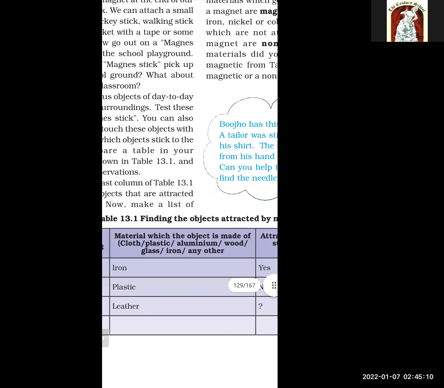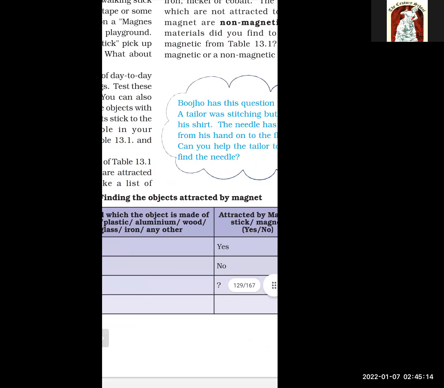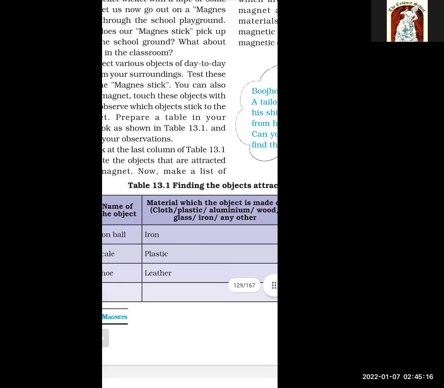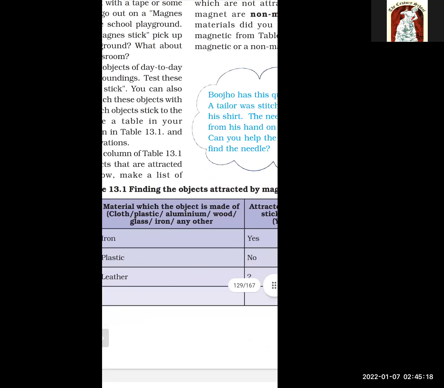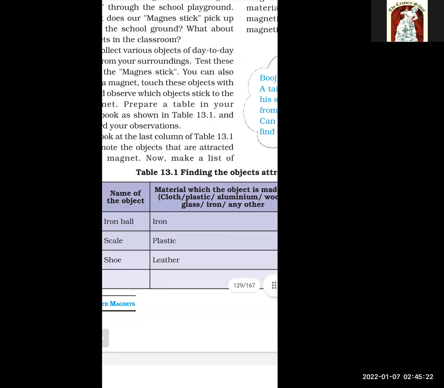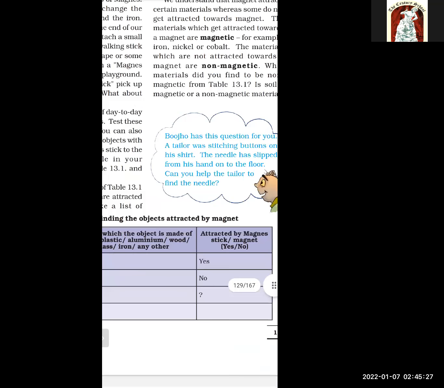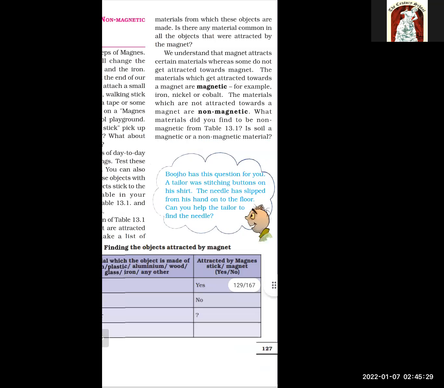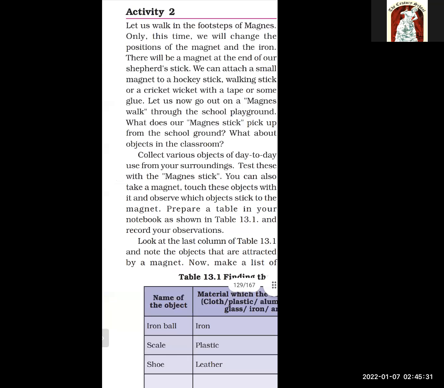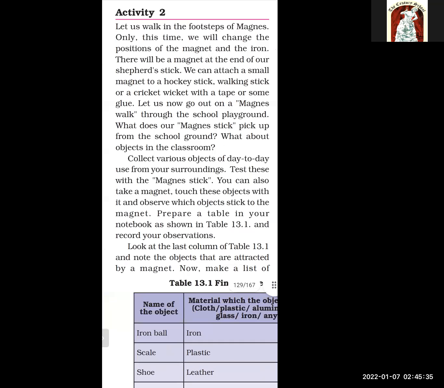The scale is made up of plastic, it is not attracted by the magnet, so it is a non-magnetic material. The shoe is made up of leather, and leather is not attracted by the magnet, so it is a non-magnetic material. So we can find that some are magnetic materials and some are non-magnetic materials.